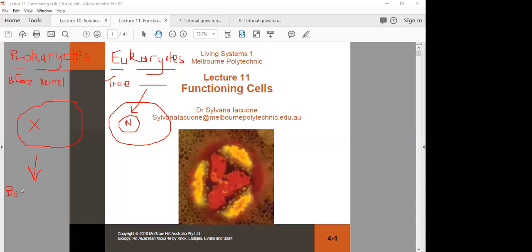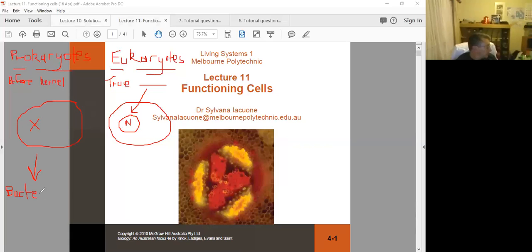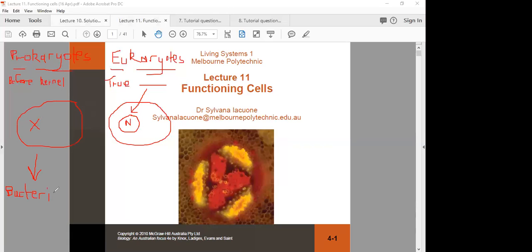And does anyone know another group of prokaryotes? There's bacteria. Amoebas? No, not amoebas. Bacteria is one group of prokaryotes, and there's one more group, and they're called archaea. They're very similar to bacteria, but they have some differences, and hence they're in a different group here, archaea. So these are the only two groups of prokaryotic organisms.